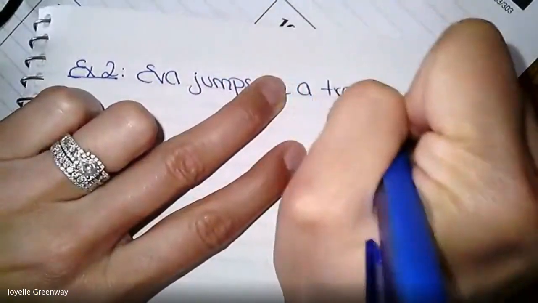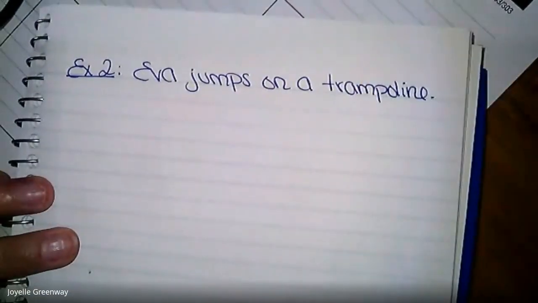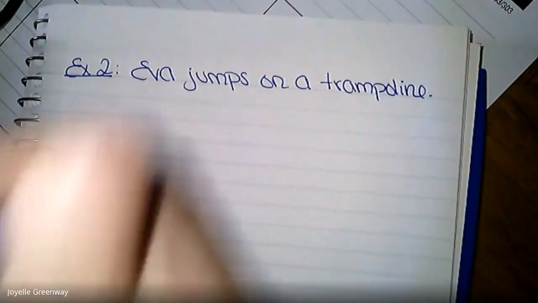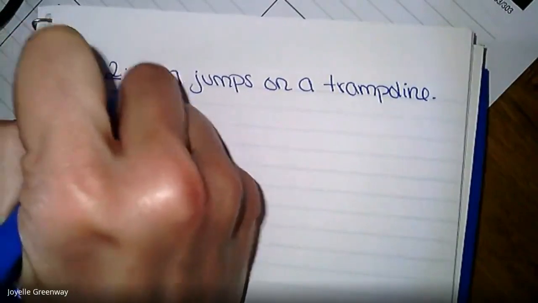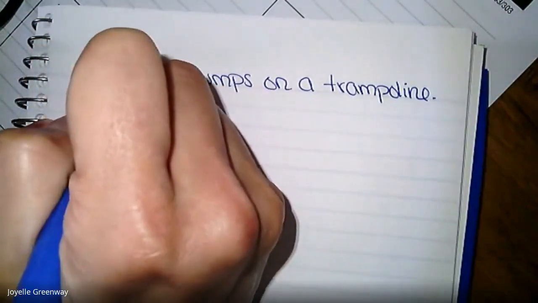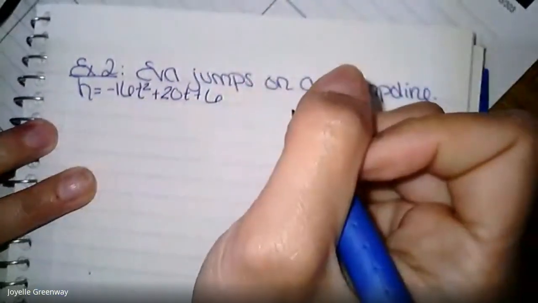Example 2. Eva is jumping on a trampoline. Her height h at time t can be modeled by the equation h equals negative 16t squared plus 20t plus 6.